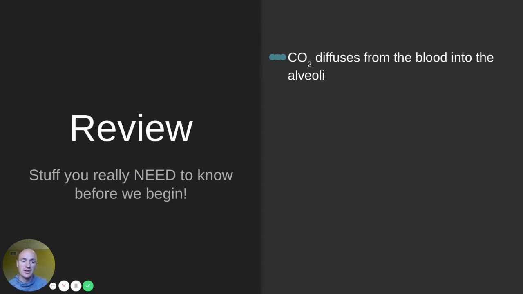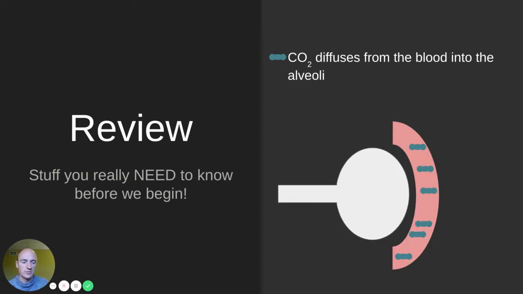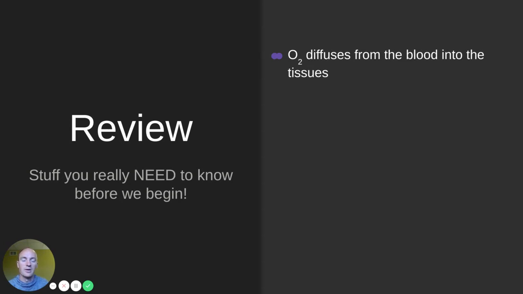That's what it does in the lungs area. If the cells have made all that carbon dioxide, then by the time the blood gets to the lungs it has a lot of carbon dioxide, and it's going to diffuse into the alveoli so it can be breathed out.